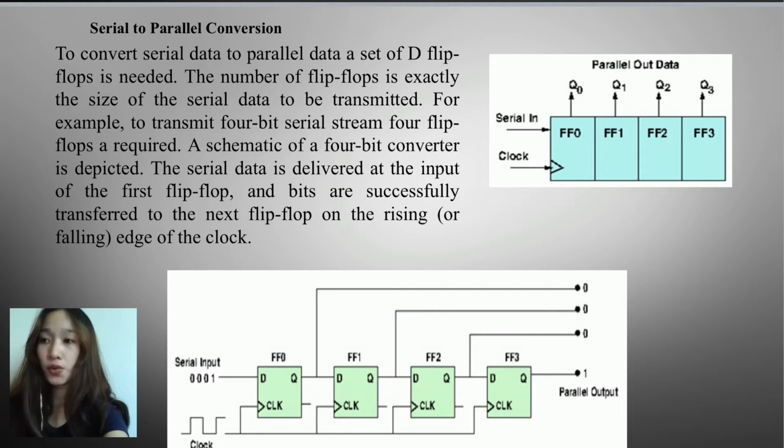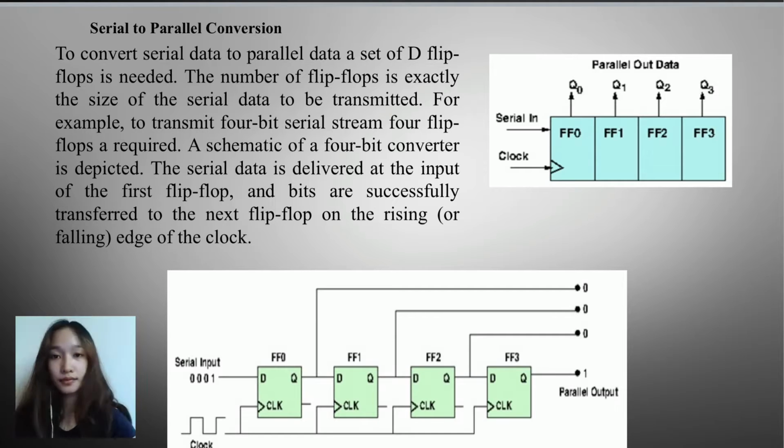And the next figure shows an actual circuit for a 4-bit converter where 4 bits 0, 0, 0, and 1 are stored at the input of the first flip-flop. With the first rising edge of the clock, the first bit is transferred to the input of the second flip-flop.